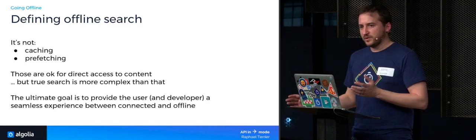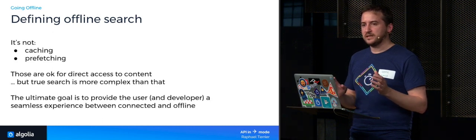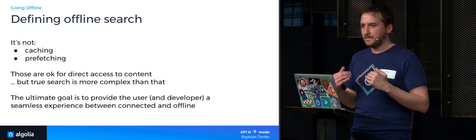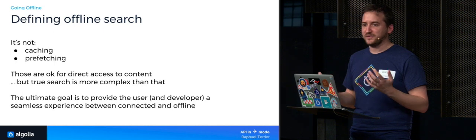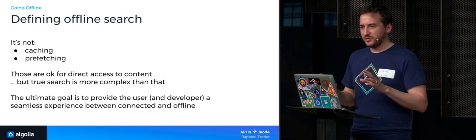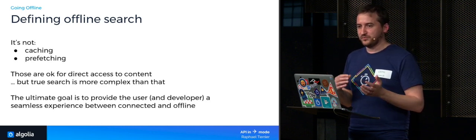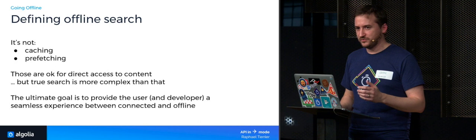Before diving a bit more into the steps we took, I wanted to quickly define what we think of as offline search at Algolia. The ultimate goal is to make the switch completely seamless between online and offline to provide the best search experience to the end users.